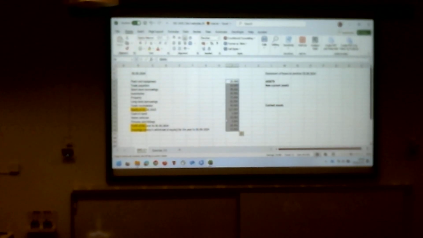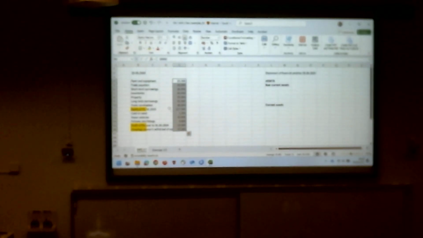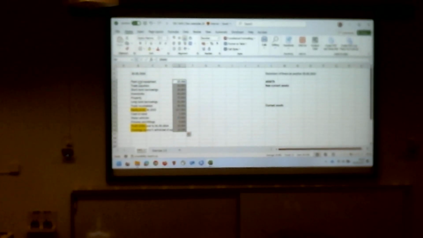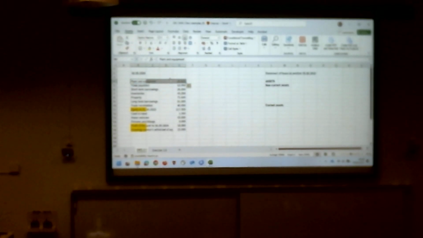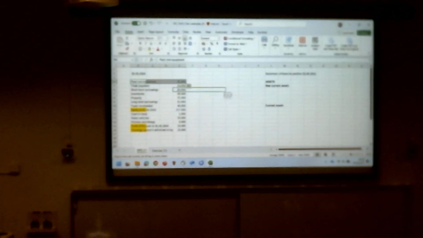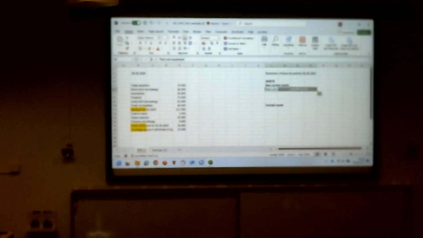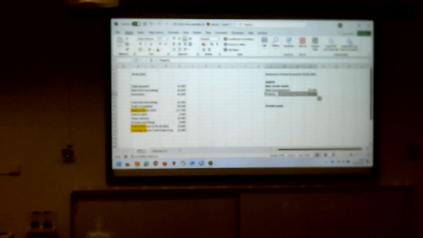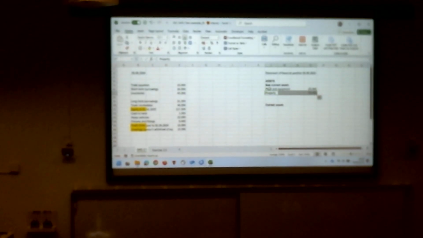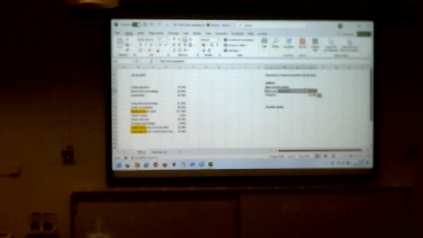Plant and equipment. Let me just do this like this. Where should I put plant and equipment? Non-current. What else? Property. Can you help me sorting this a bit? Is this okay? Up, exactly. Property goes up.